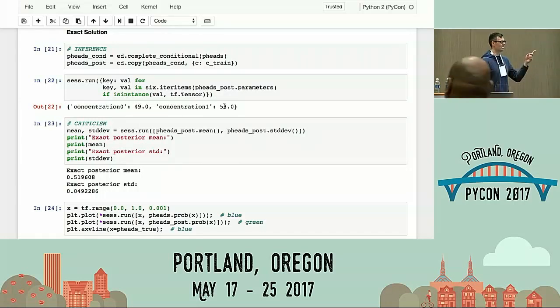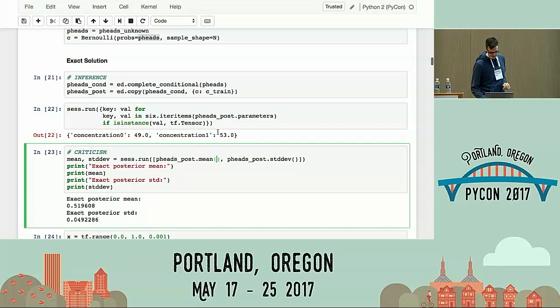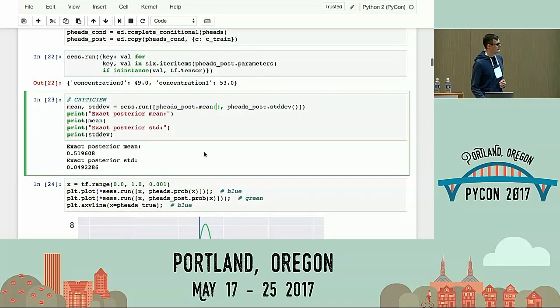So basically the answer is, I'm looking at the heads, I'm looking at the tails, I'm adding them to the concentration 0 and concentration 1 values. Concentration 0 for tails, concentration 1 for heads, and I'm getting my posterior. But this is only in this very simple case, just because this coin flip example is so simple. Does this answer your question? Cool.